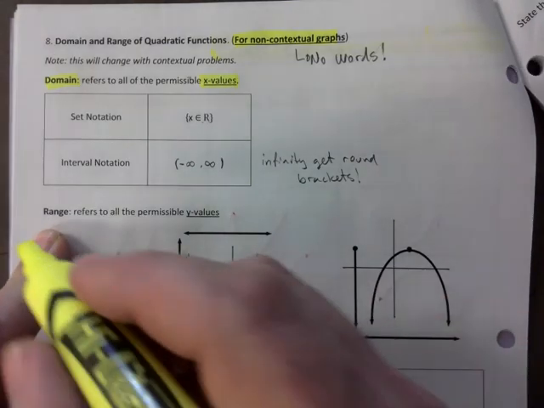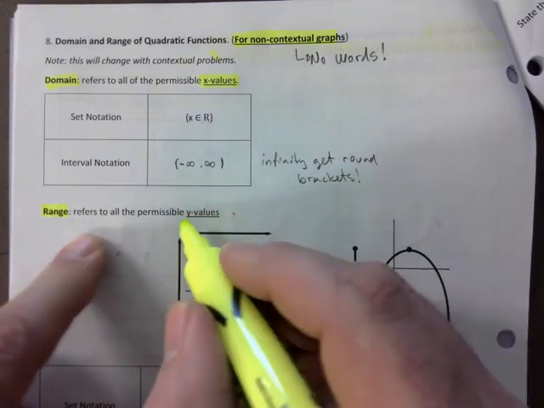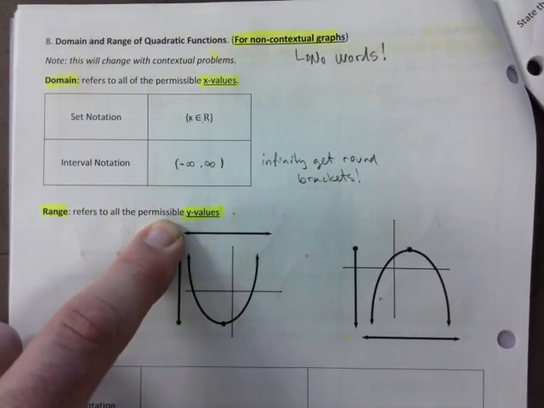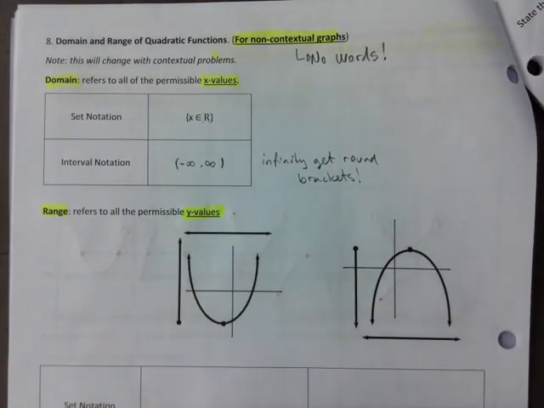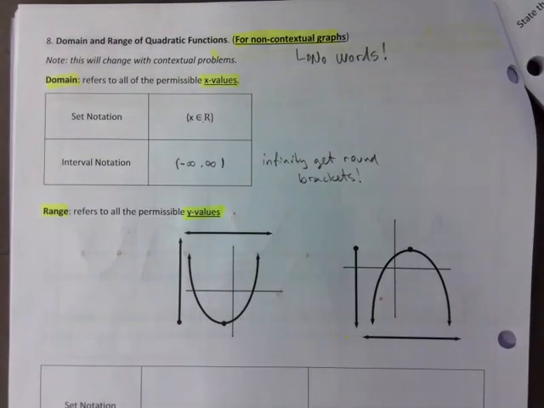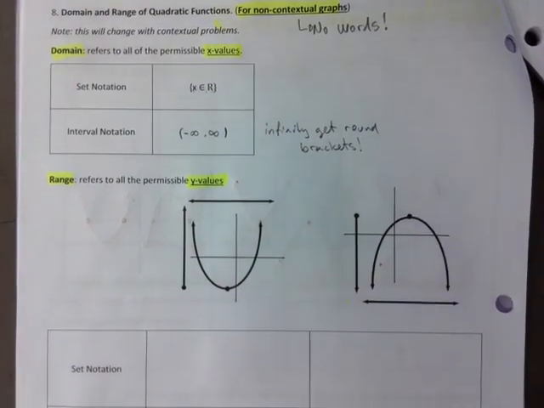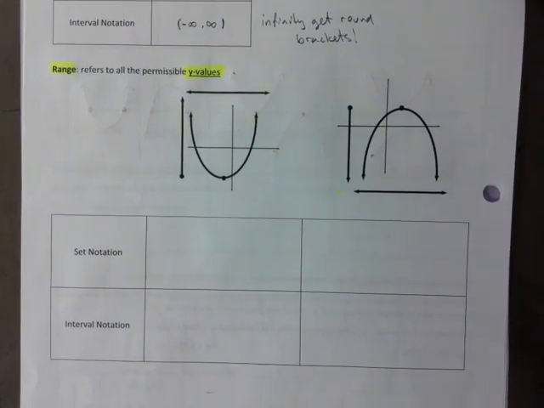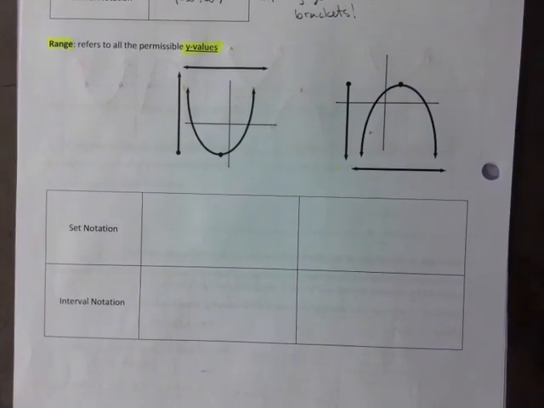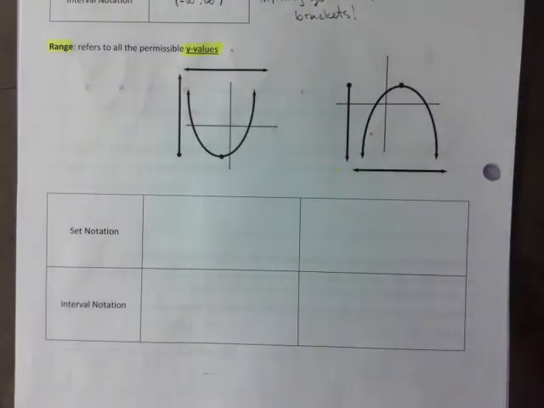Range of a function refers to all permissible y values. So we're talking up and down. Range is a little bit more complicated. Let me tell you this, it all has to do with the vertex.